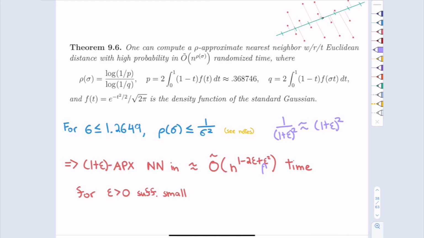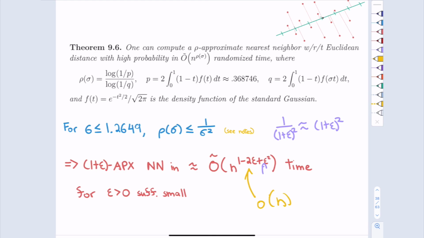But what's really surprising is that for some fixed value of epsilon, like 0.1, this is smaller than n. It's maybe n to the 0.9, but it's smaller than n, so you're not actually having to scan the whole data set, and getting n to the 0.9 or 0.8 is in fact a big win.